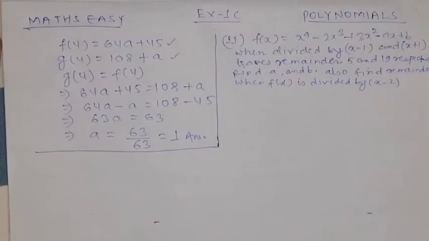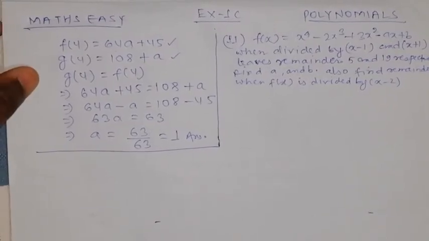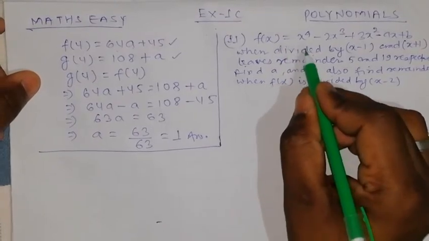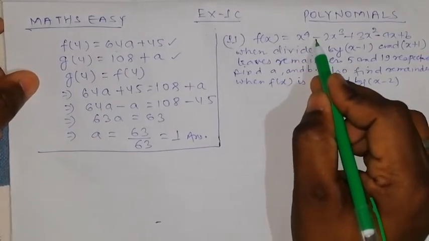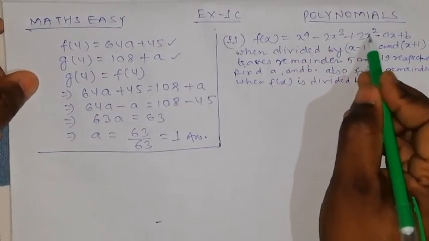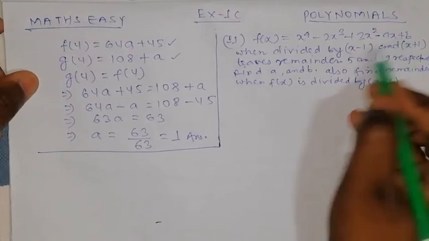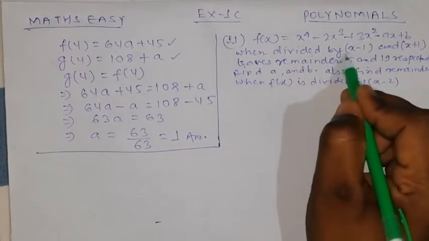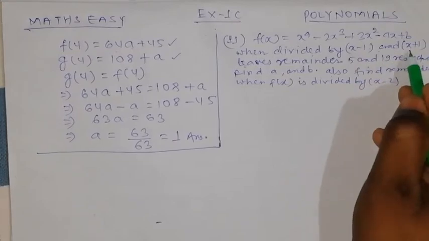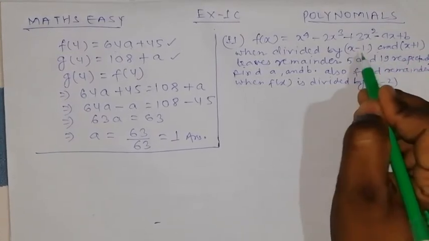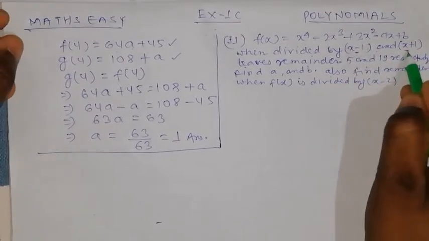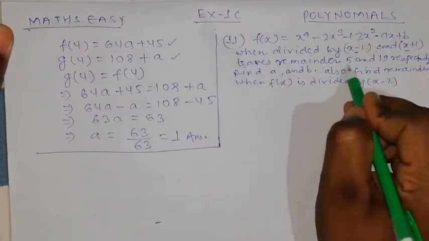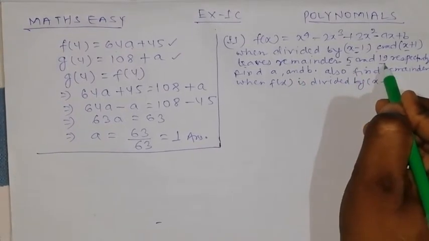Now friends, question number 11 is: when f(x) = x^4 - 2x^3 + 3x^2 - ax + b is divided by x - 1 and x + 1, it leaves the remainders 5 and 19.